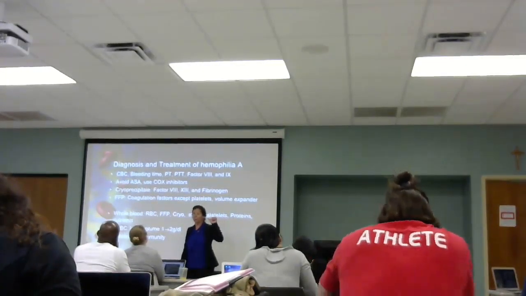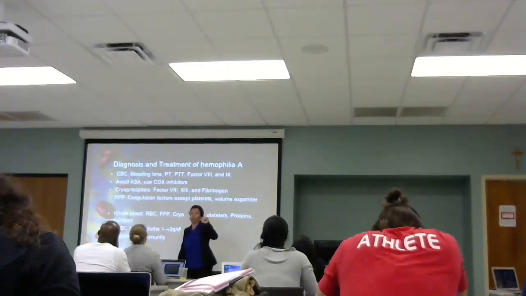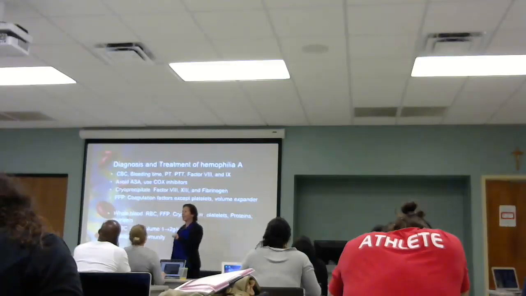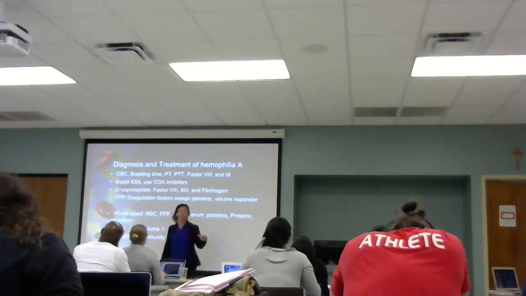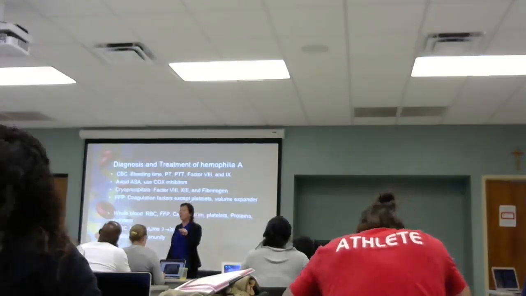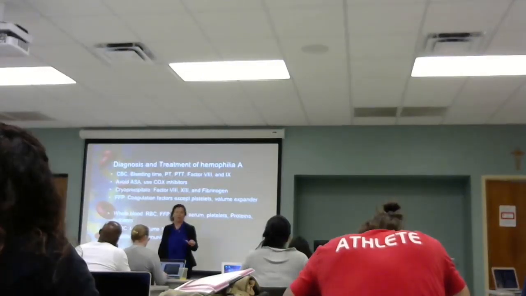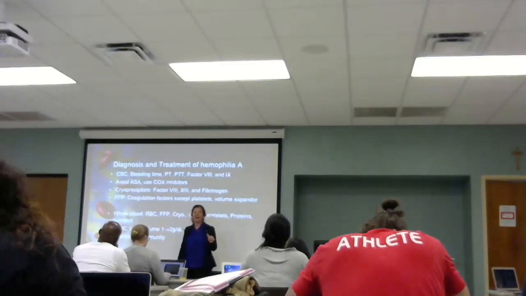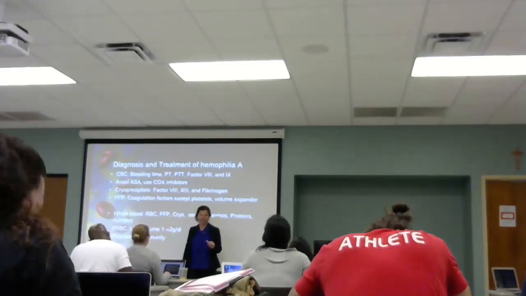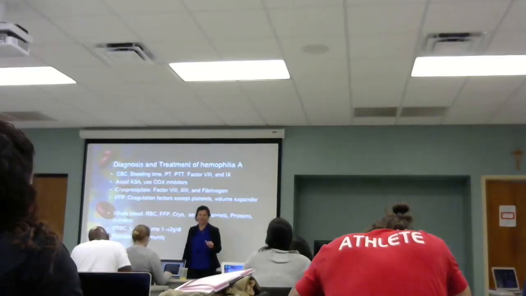For example, in disseminated intravascular coagulation, the main factor that is depleted is fibrinogen. So cryoprecipitate will work beautifully for patients that have DIC because it has high quantities of fibrinogen as well as factor 8. They give it a lot in training.